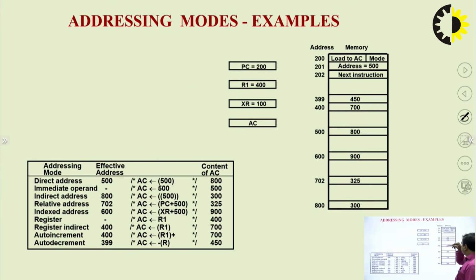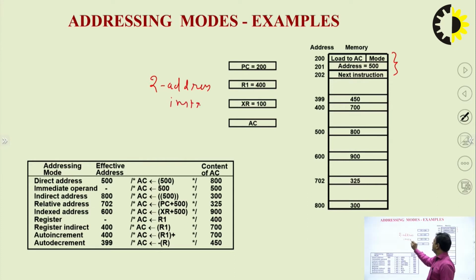Here we assume an instruction that is a two address instruction. Two address instruction means the instruction occupies two memory locations, 200 and 201, and this is my complete instruction.